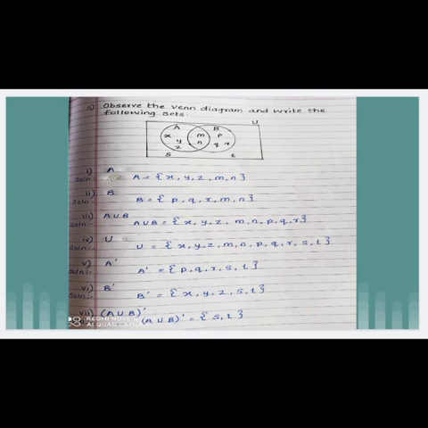Fourth one, union set. Set U. Capital U means universal set. That means we have to write down all the elements from the given diagram, including rectangle and circle. Okay.